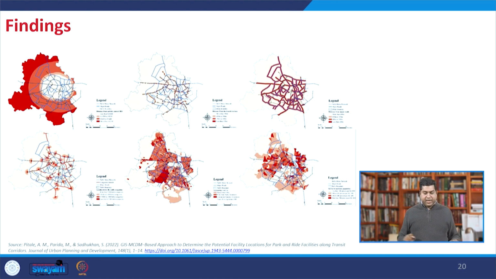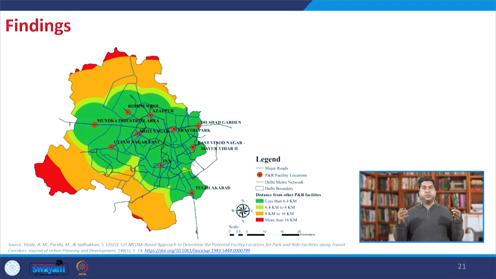So, these are the different thematic maps that were created for this analysis, and these are also plugged with the weights, so weighted scores were made in those maps. Now, based on this overlap for the park and ride facility location, what we finally found is these 10 metro stations where we achieve the maximum weighted score for all the criteria together.